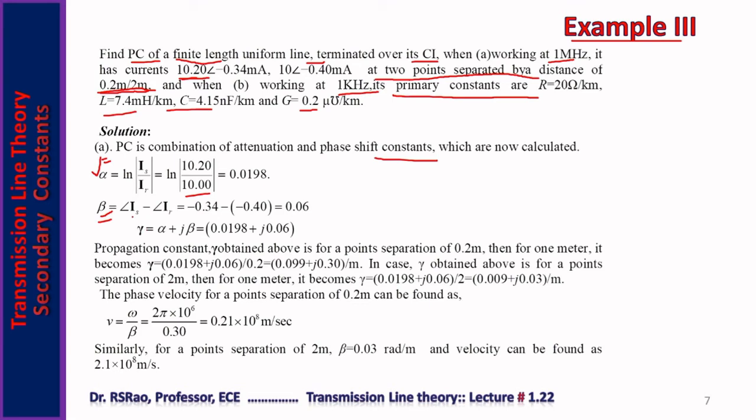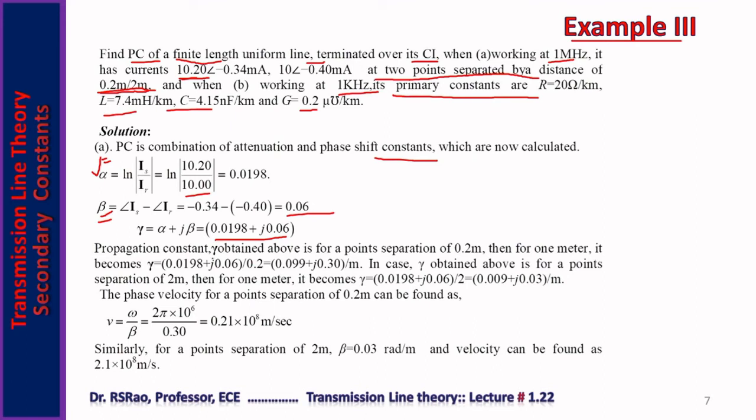So angle of IS, angle of IR, they are available. Substitution results in 0.06 radians, assuming that 0.34, 0.40 are radians. Here 0.06 is in radians. So gamma is alpha plus j beta. As already mentioned, the alpha and beta here are values for 0.2 meters.